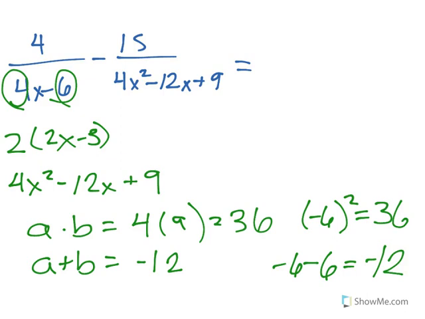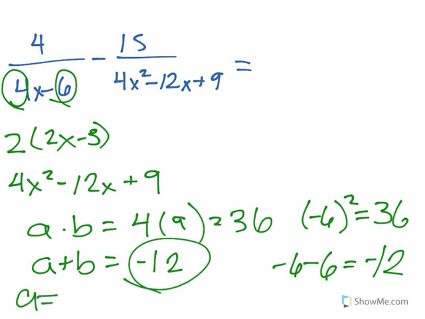But of course, if you didn't see that right away, you can always do what I did in some of the previous videos, which is just listing the factors and seeing which combination gives you the right numbers. But in this case, it was really easy to do it by observation, and so that's how you can do it.